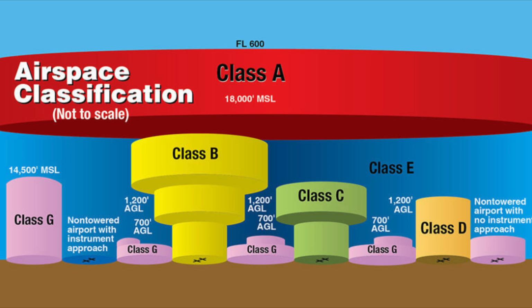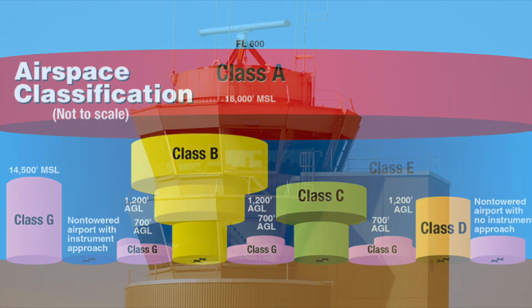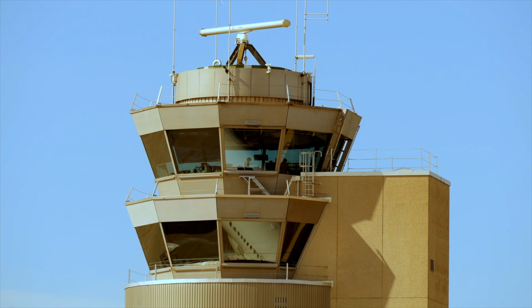Even though Class E airspace exists across a large portion of the country, air traffic control only needs to maintain separation between the aircraft that are flying under IFR, instrument flight rules. To put this very simply, if an aircraft is flying with instruments, they need to be controlled by air traffic control.